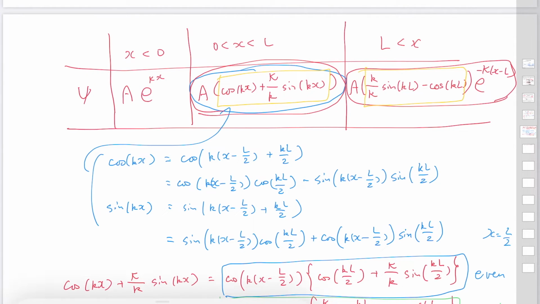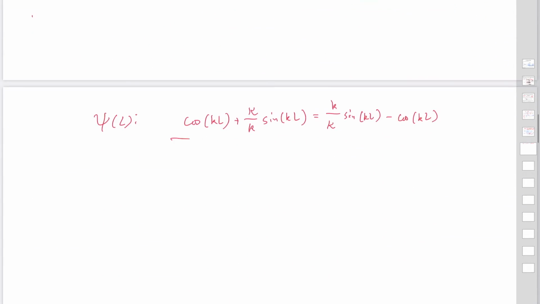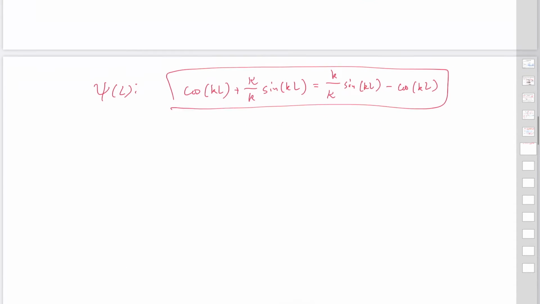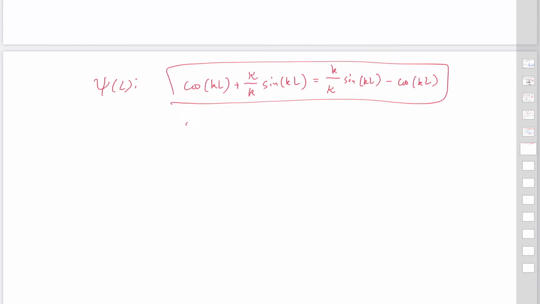Okay, so these are the equations. I write them. Then we'd like to change these equations a little bit. This equation becomes 2 cosine kL equals k over kappa minus kappa over k, times sine kL.